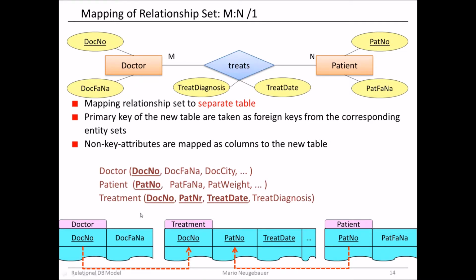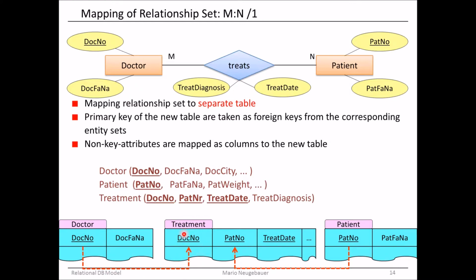And as the connection, as the mapping from the relationship set onto the tables, onto the relational database model, we create this third table, this treatment table, which contains a doctor number, a patient number, both foreign keys first.